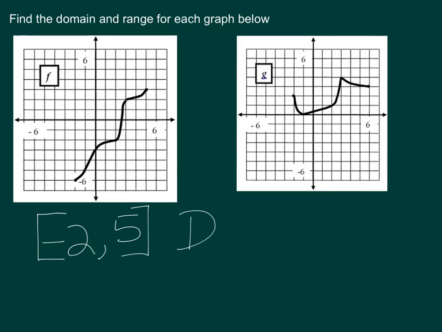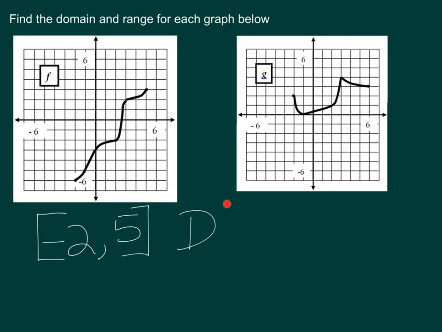And we can do the same thing for the range here. The range starts at the smallest y value and goes until the largest y value. So in both cases, going from smallest number to largest number, you just have to know whether or not you're reporting back an x or a y.